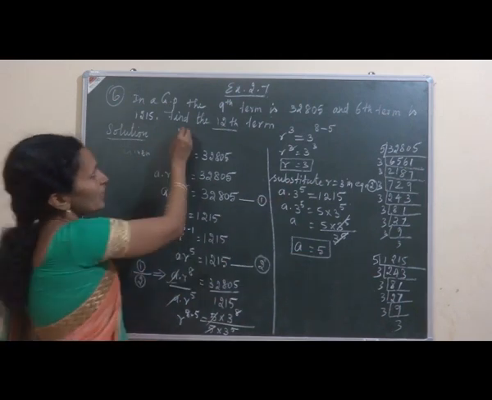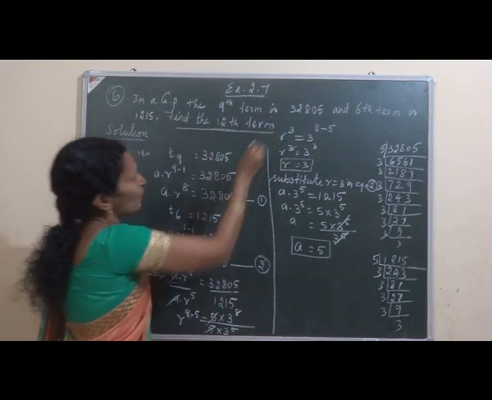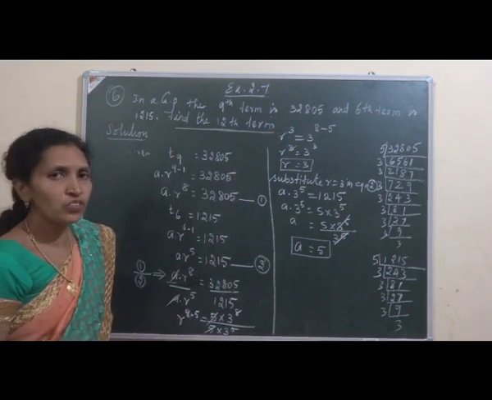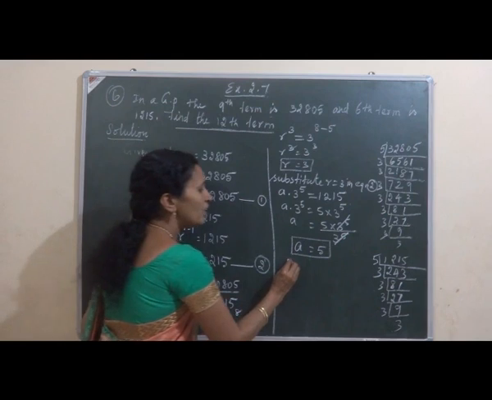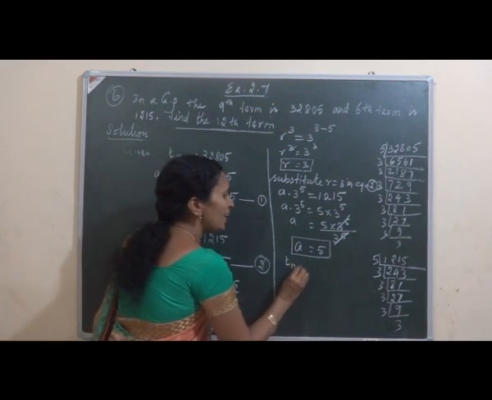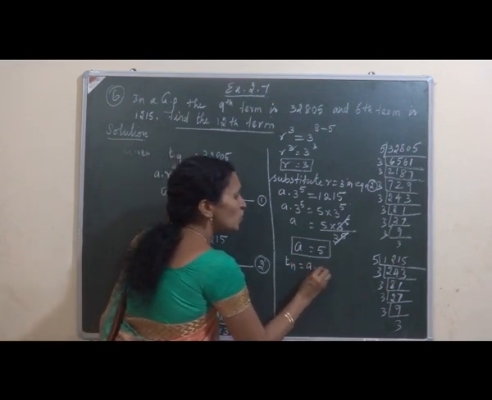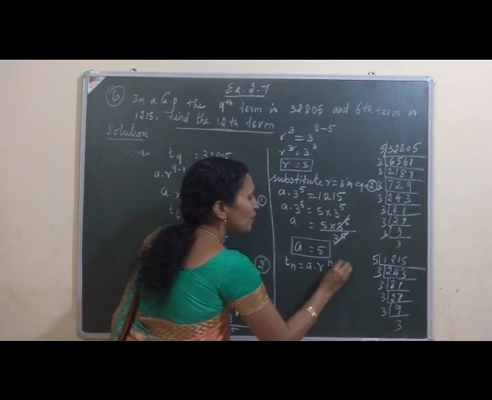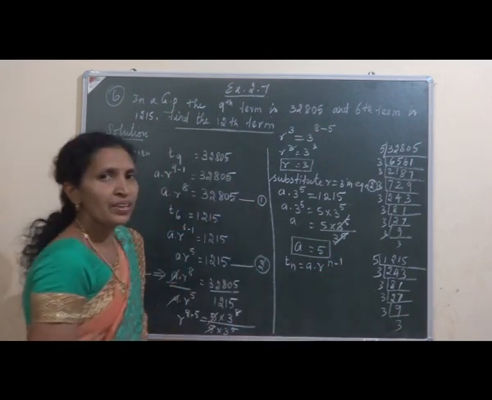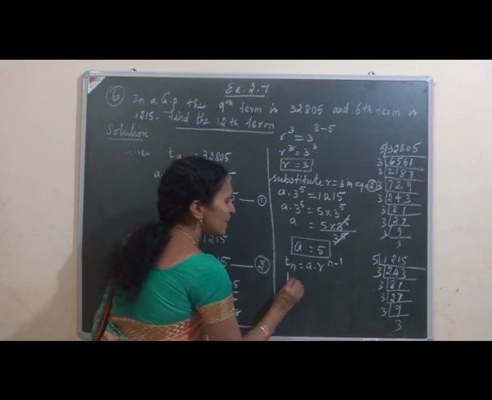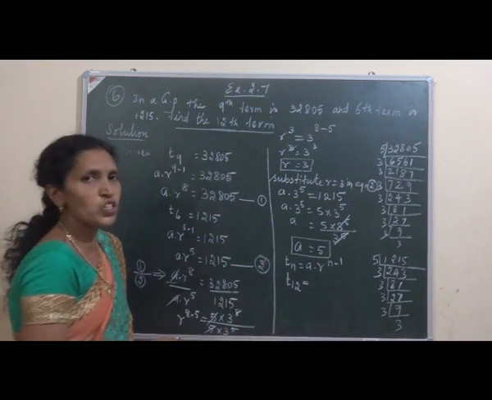What's our question? Find the 12th term. Which formula you should apply? You should apply Tn equals A into R power n minus 1. Now you need T12, the 12th term. They asked to find the 12th term.